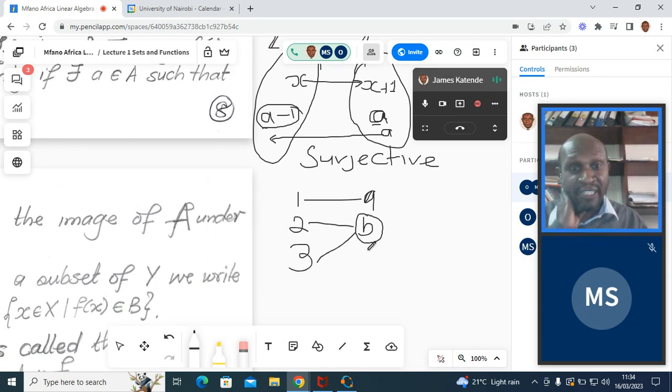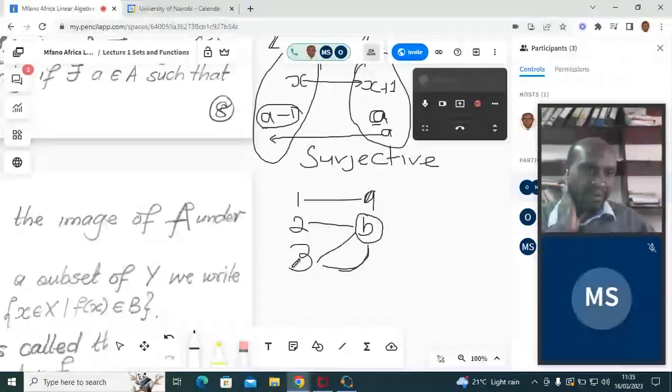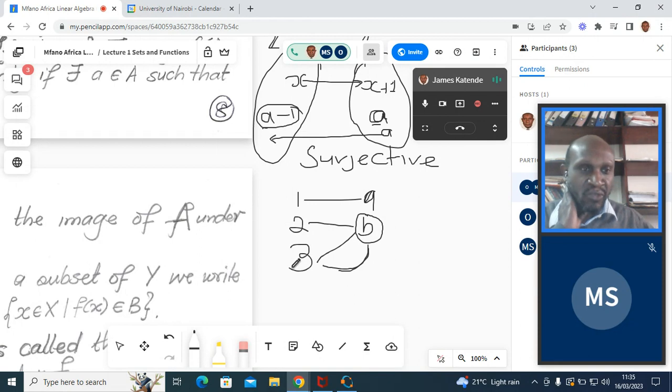Because the inverse now reverses the direction. You start from this side going that way. Now the problem with that is that B will be sent to two different things. That fails to be a function now. So if the function is not injective, then if you try to define an inverse, it will not be a function. It will just be a relation.